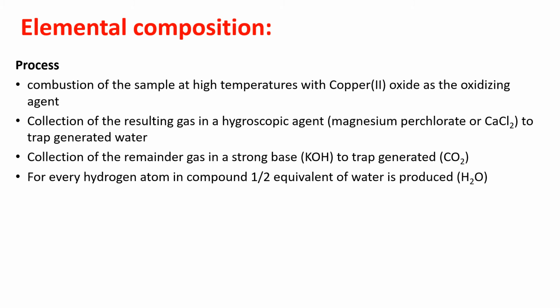Each hydrogen atom will get converted to water molecule, but two hydrogen atoms will form one water molecule. Therefore, suppose your sample has 100 hydrogens, so they will form only 50 water molecules. So by this way you can back calculate. If you have 50 water molecules, you can see that your sample has 100 hydrogen.